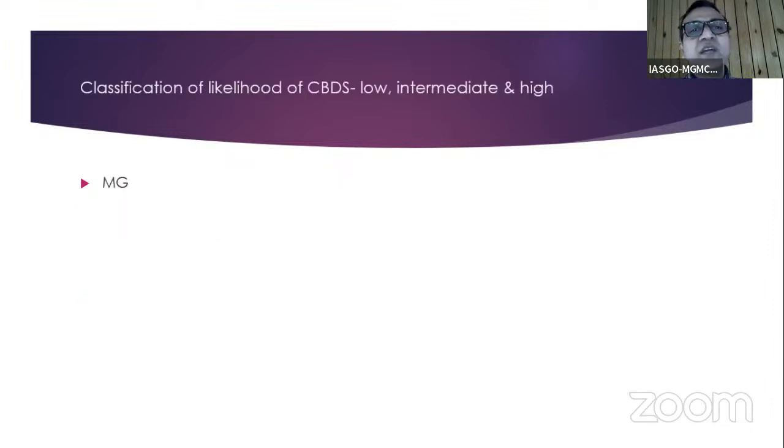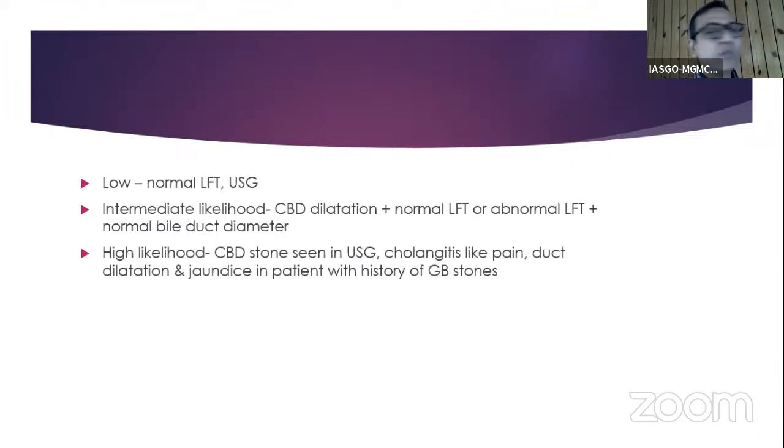So the classification of likelihood of CBD stones into low, intermediate, and high was already mentioned by Dr. Amit. Low is when the LFTs and ultrasound are normal. Intermediate is when CBD dilatation is there on ultrasound with normal LFT, or abnormal LFT and a normal bile duct. High likelihood is when a CBD stone is seen on ultrasound, with CBD dilatation and jaundice in patients with a history of GB stones.